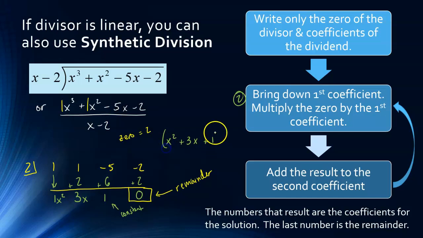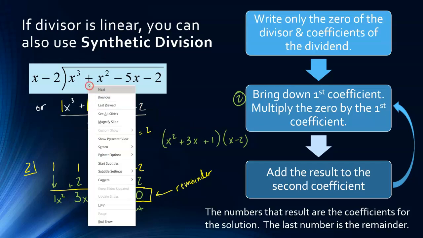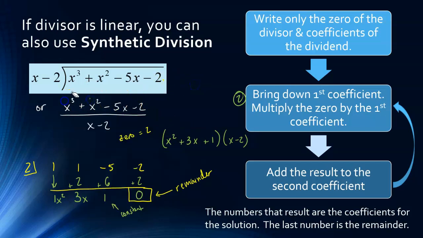Another way to look at that is we could write this in factored form, saying that our result times x minus 2, if we were to multiply those together, would give us the numerator. Okay, so we could use this to factor a complex polynomial.